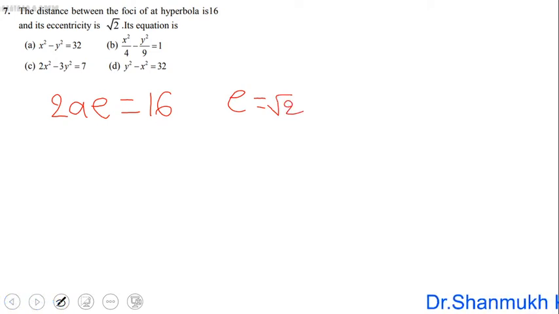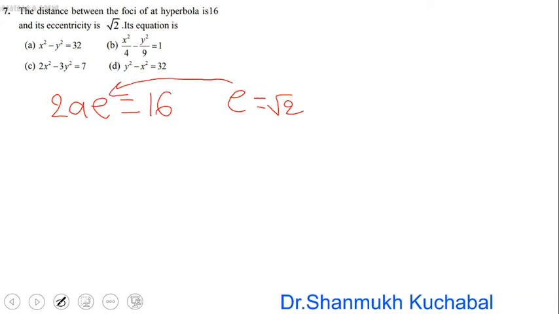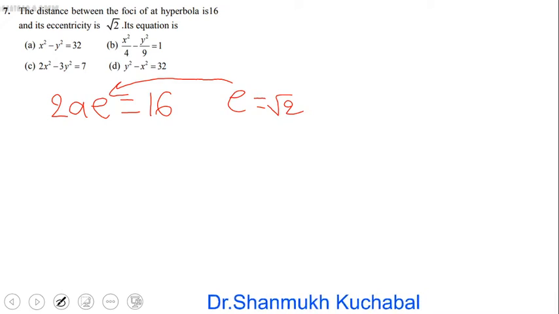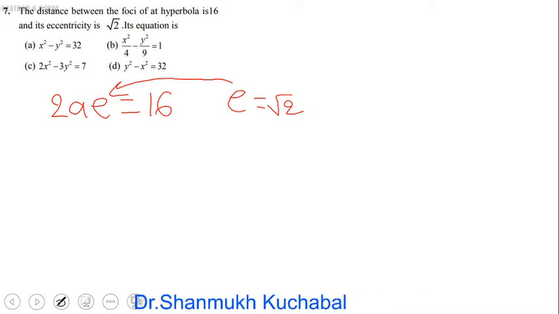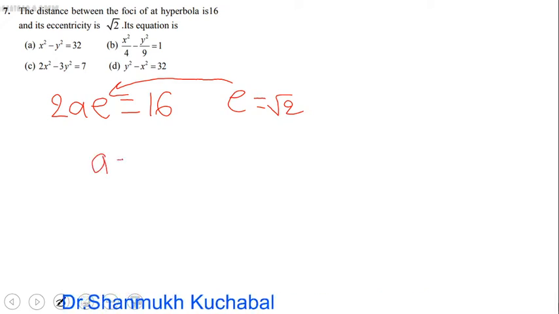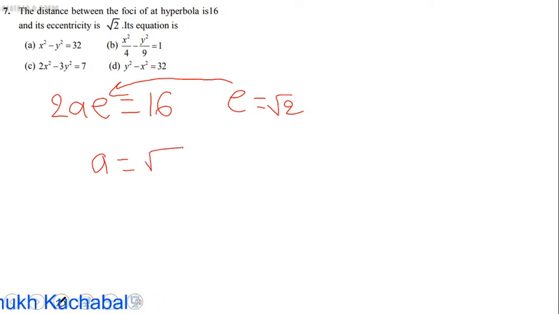From these two equations, we substitute the value of e here, and then simplifying, we get a as root of 32. So a square we get as 32 here.